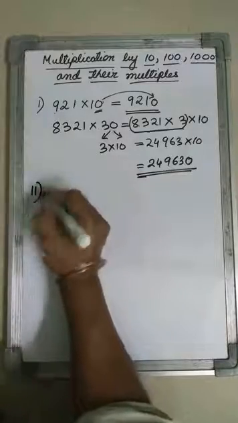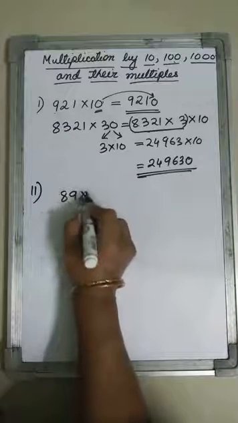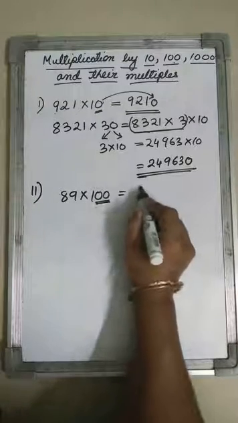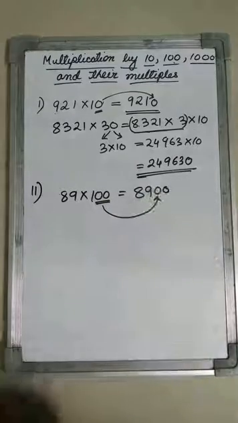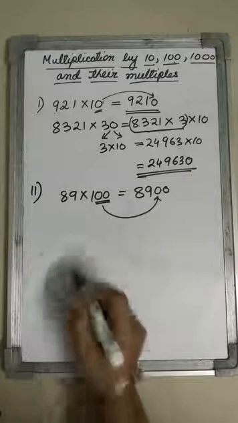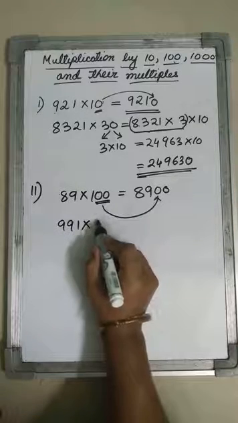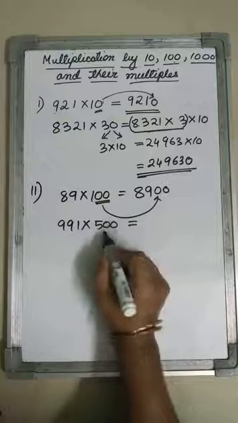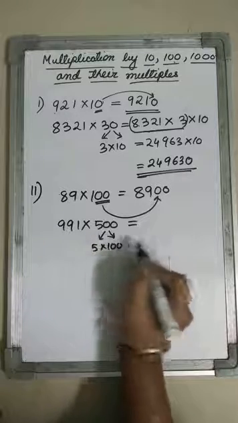If it is by 100, what I have to do? 89 into 100 has 2 zeros. So I am writing these 2 zeros, a pair of zeros after 89. This is the multiplication, very easy. Suppose 991 into 500. 500 is nothing but what? 5 into 100.